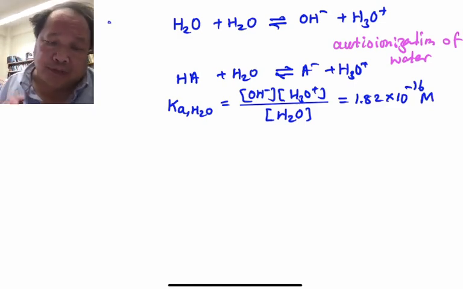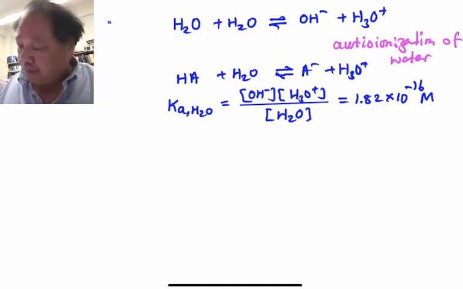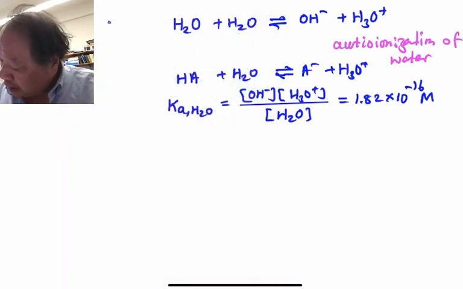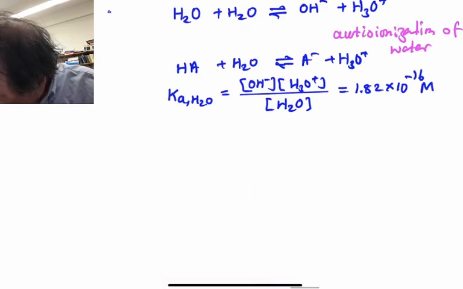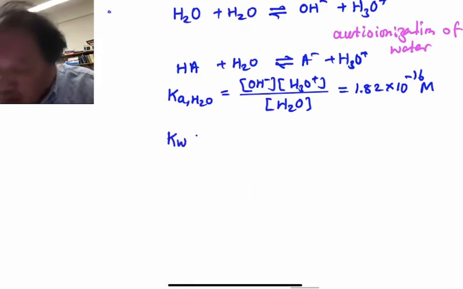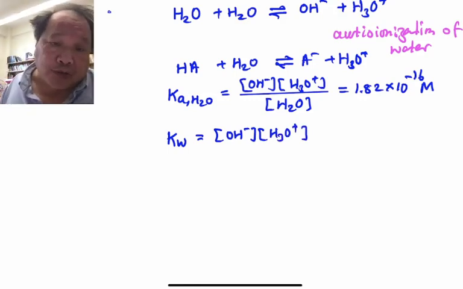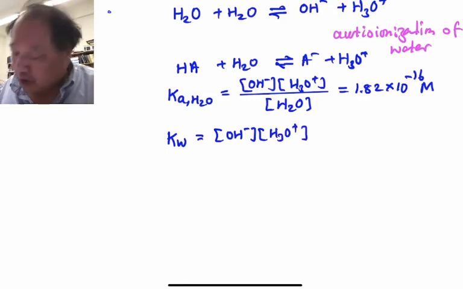Practicing chemists actually never use this Ka. Instead, we use an equilibrium constant called Kw, which is the OH- concentration times the H3O+ concentration. The concentration of water in an aqueous solution is more or less constant.